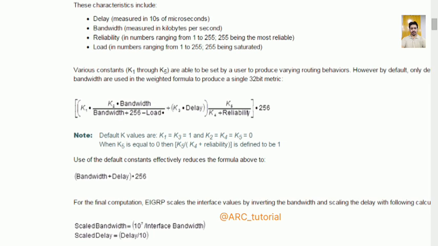There will not be any use of bandwidth. That's why we say K1 is 0 means you are not considering bandwidth for metric calculation, because K1 is multiplying your bandwidth. So if K1 is 0, bandwidth is not considered.